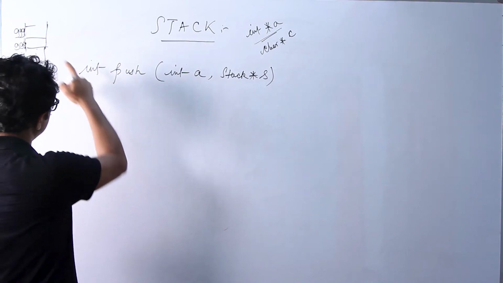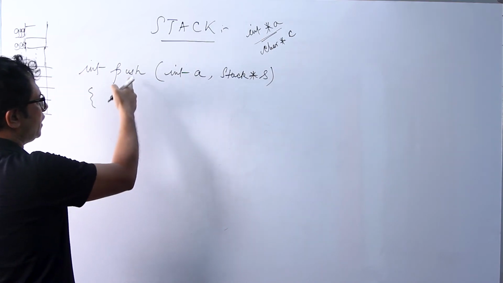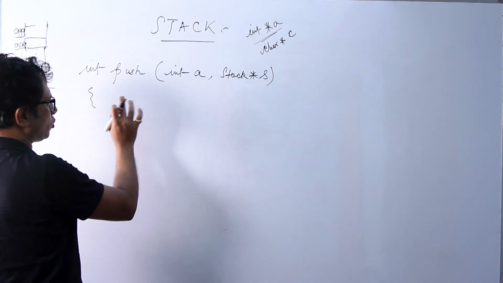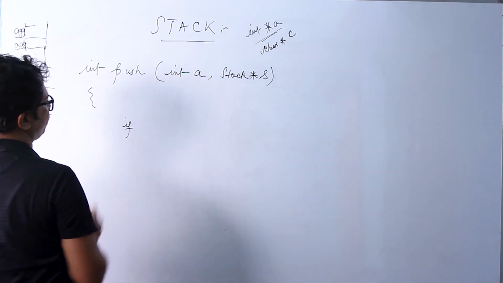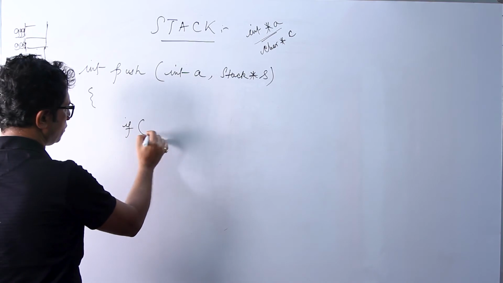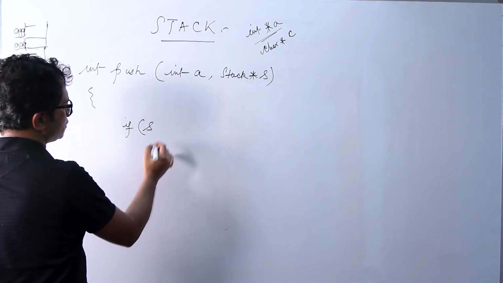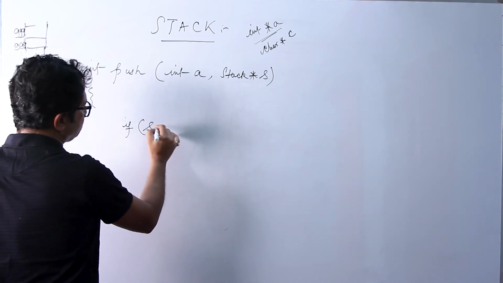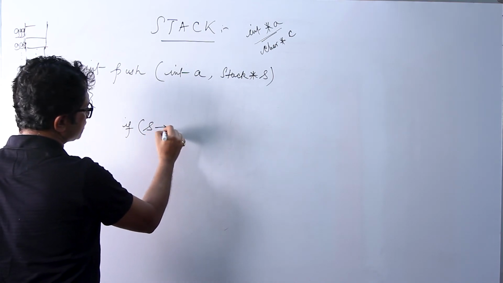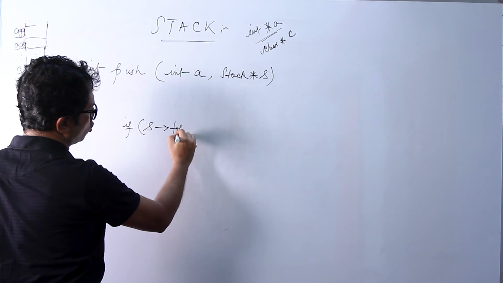To check whether the stack is full and whether we can at all push at least one element into the stack, we have to write like this. If S is the stack pointer, S arrow top.